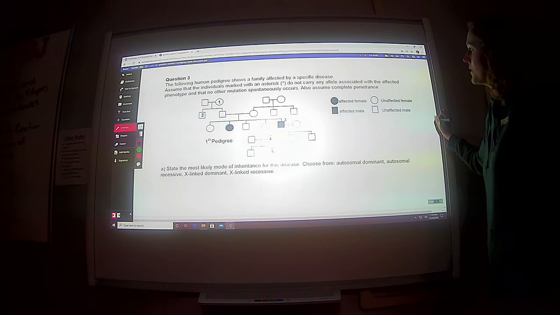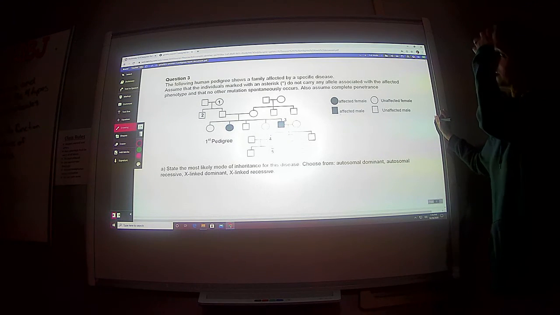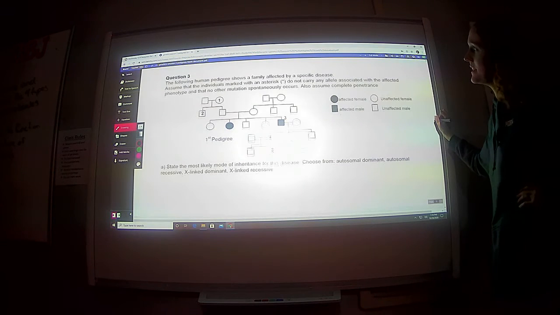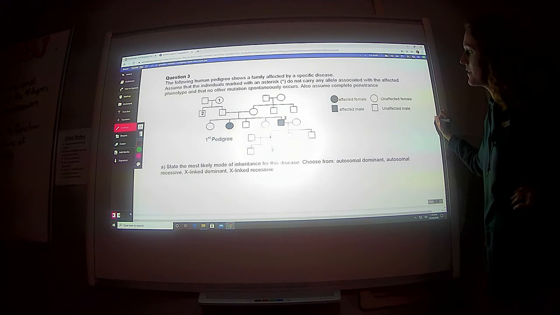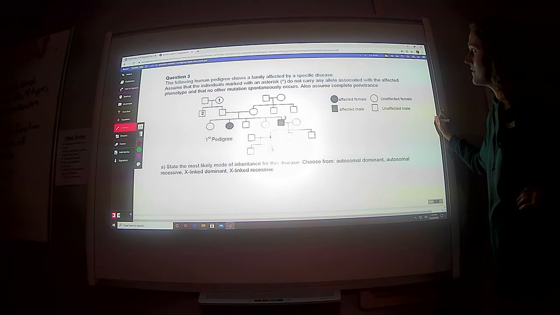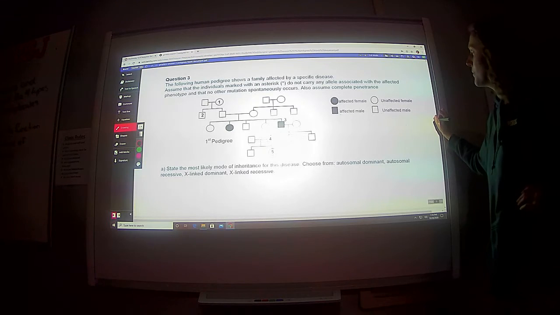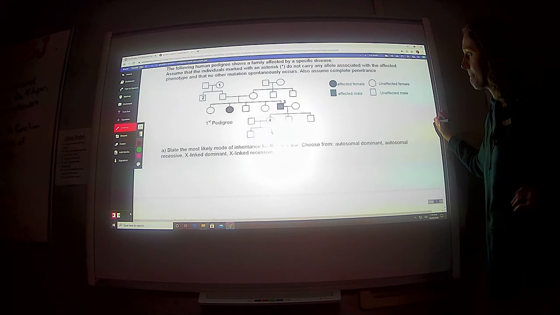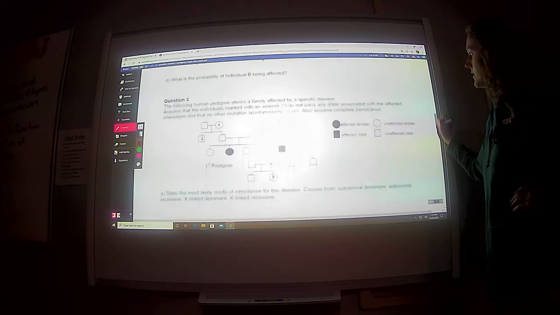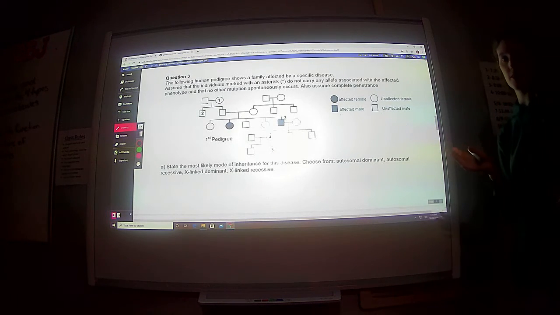And then you got one more here. The following human pedigree shows a family affected by a specific disease. Assume that the individual marked with an asterisk does not carry any allele associated with the affected phenotype, and no other mutation spontaneously occurs. Assume complete penetrance. State the most likely mode of inheritance. You got two people that have this disorder.